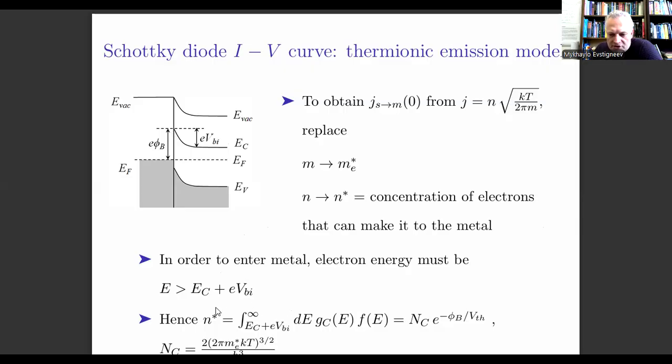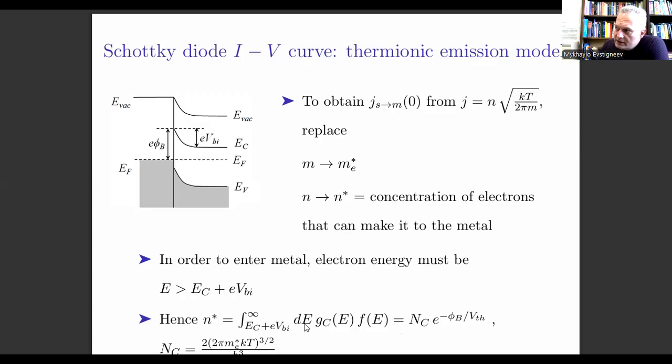So the concentration of electrons with energy higher than EC plus q times V built-in, let's call it N star, is obtained by integrating the product of the Fermi-Dirac probability, which is approximated as a Boltzmann function, times the density of states in the conduction band.